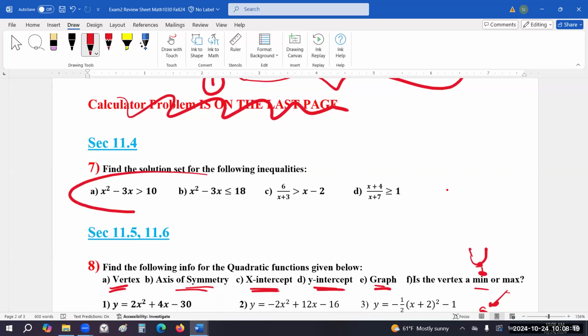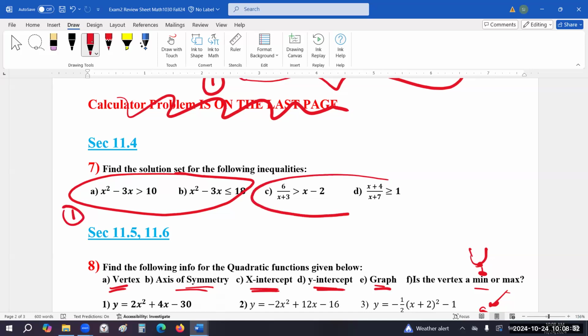From here, 1 inequality without any denominator, and 1 inequality with the denominator. Probably extra credit, I'm not sure, but 2 of them.